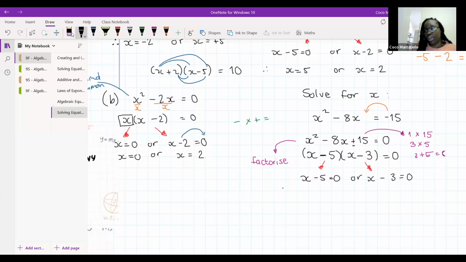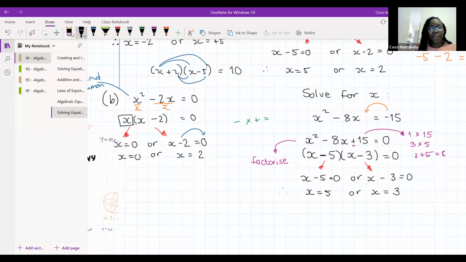Good. Now you can do the last step for me. x equals 5 or x equals 3. Good. Well done, Tando. Phew, that took us on a journey. We are getting there.